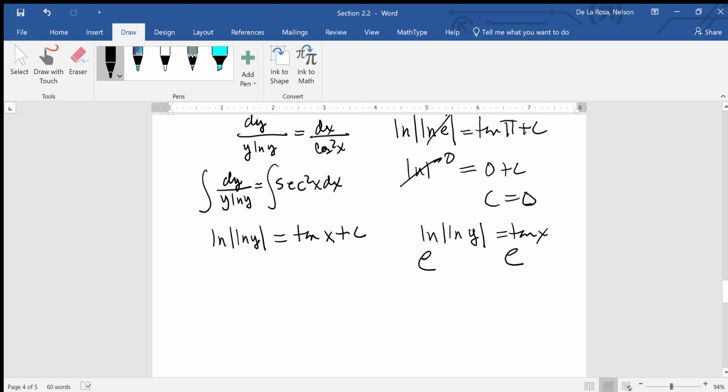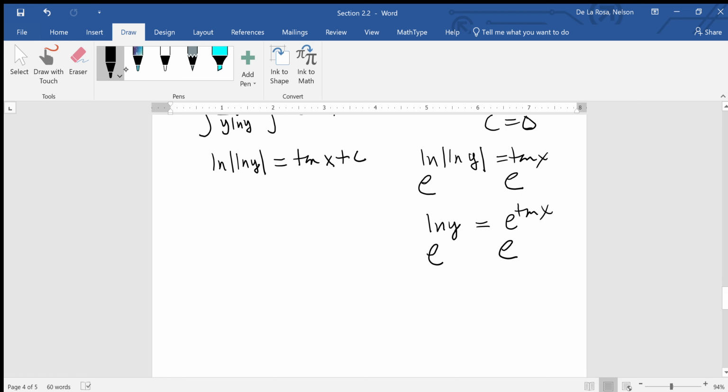So we have e to ln of y. So what do we have? ln of y equals e to tangent of x. Still y is not isolated. So to isolate y, we need to exponentiate again. We're going to have y, because e to ln of y is simply y, equals e to the tangent of x.